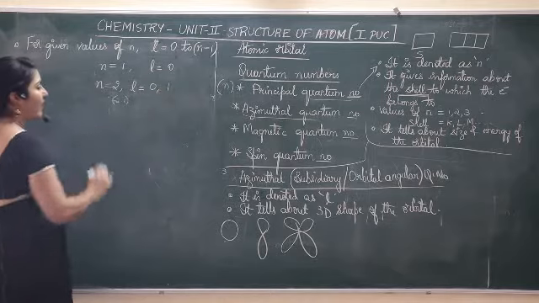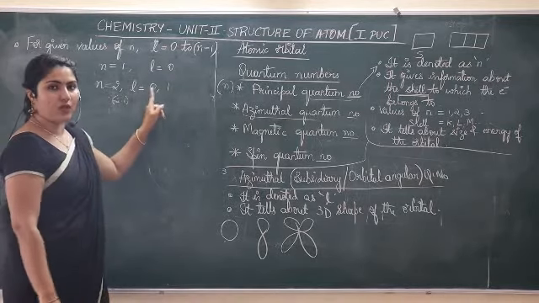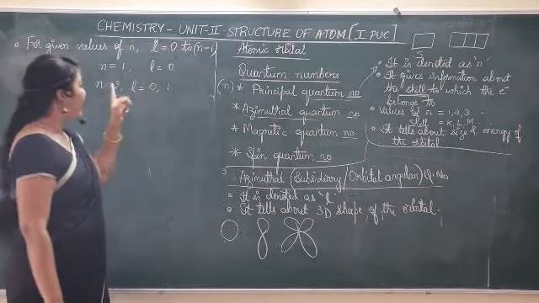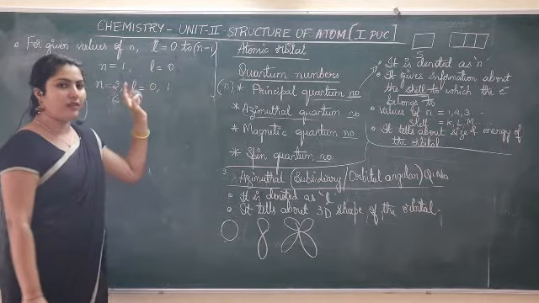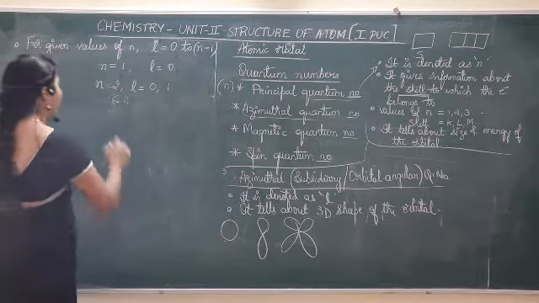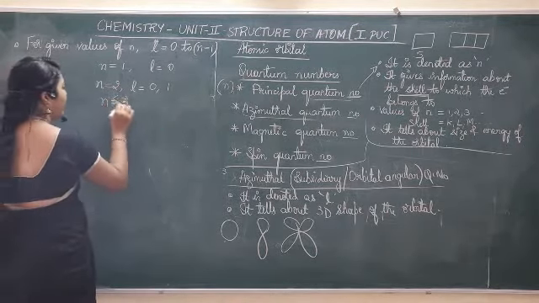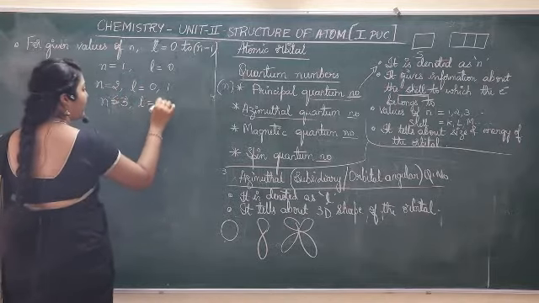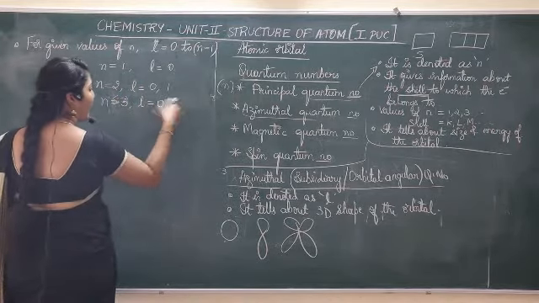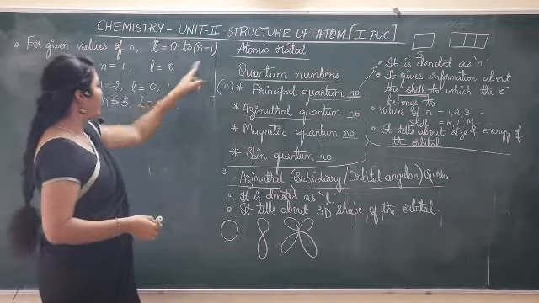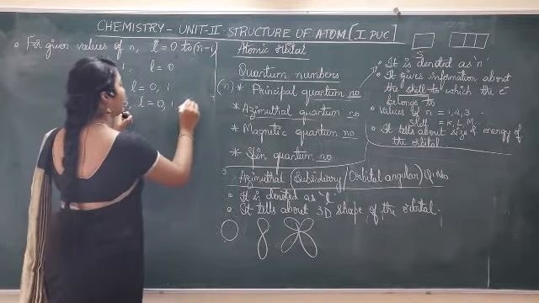So L value will be 0 and 1. Are you getting the point? If n is equal to 3, L value will be 0, 1, then 3 minus 1, 2.